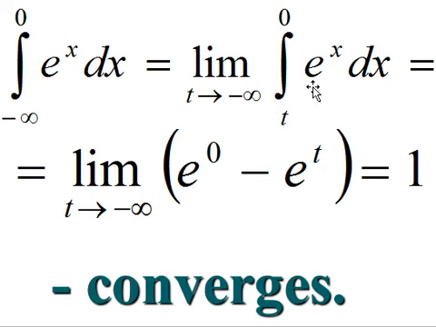That's why when we substitute 0, it's equal to unit minus exponential function with degree t. And when we calculate such limit when t tends to negative infinity, we know that here we have 0. That's why the result is unit. It means that this improper integral is convergent.